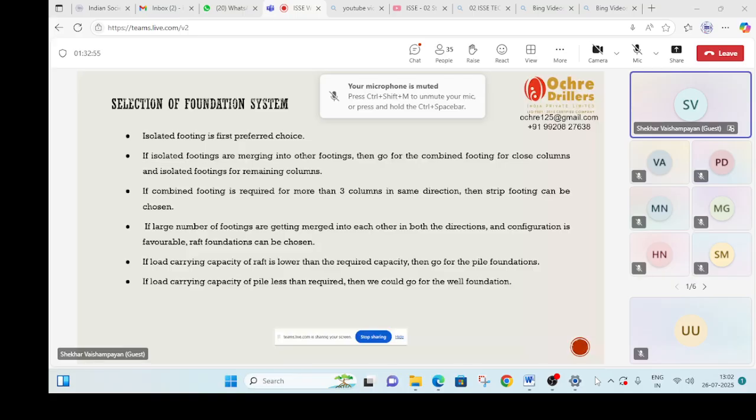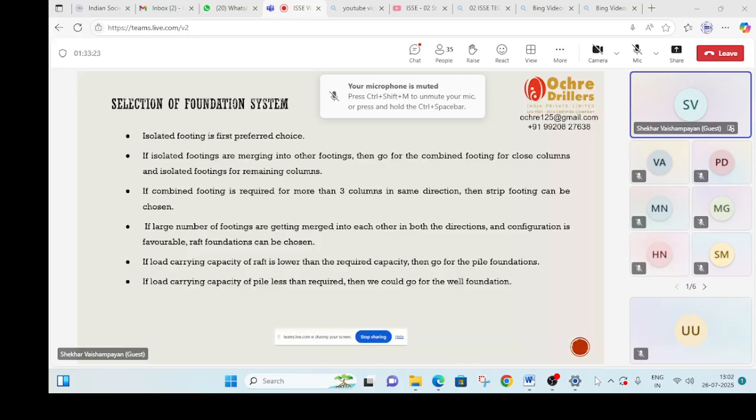So I have isolated footing, combined footing, strip footing, and then raft foundation. Now, if the load carrying capacity of the raft foundation is still lower than the required capacity, remember, the moment you decide to construct bigger and bigger rafts, the zone of influence increases. The permissible settlement will still remain the same.